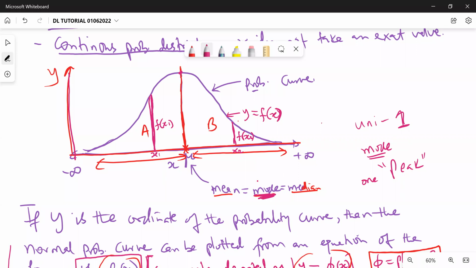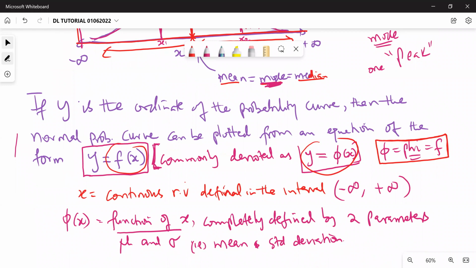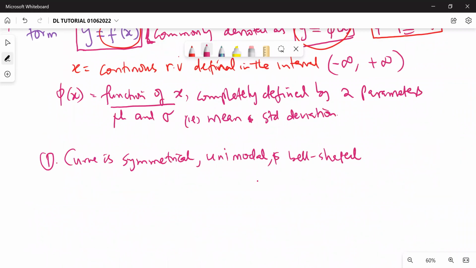Then finally, it is bell-shaped, and this is the shape we're calling a bell shape. So that is the shape of the normal distribution. Okay. Then we say that all the values of y, where y is a function of x, are greater than 0.